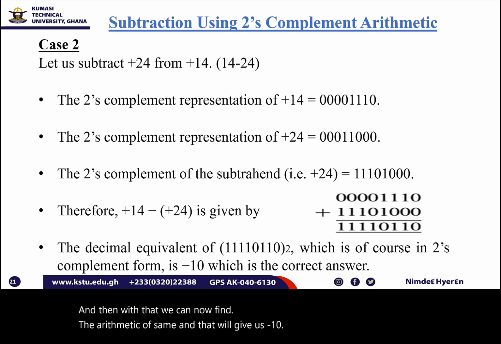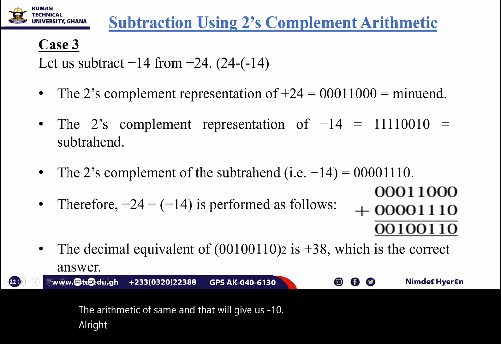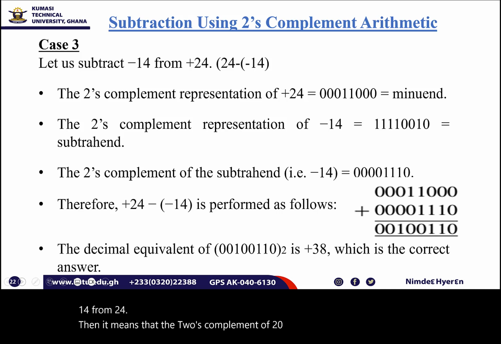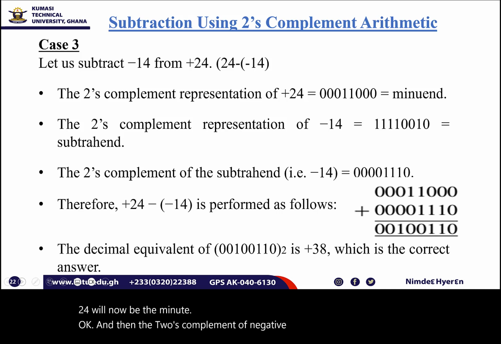Okay, all right. Similarly, when we subtract negative 14 from 24, then it means that 24, which we already know, would now be the minuend. Okay, and then negative 14 will be 1 1 1 1 0 0 1 0, and that becomes the subtrahend.